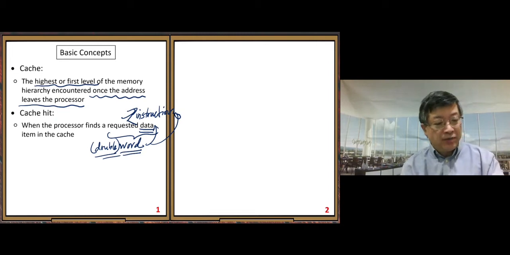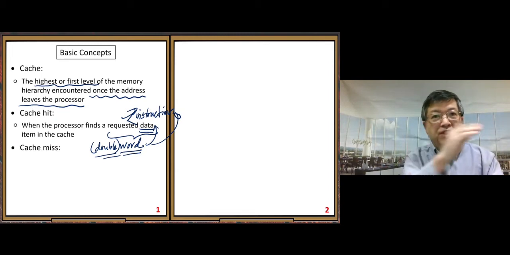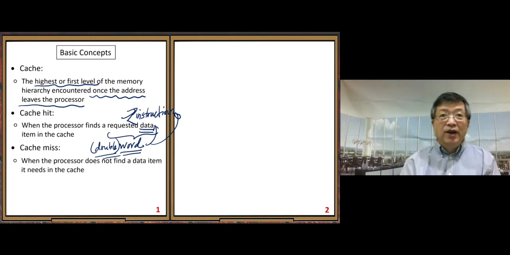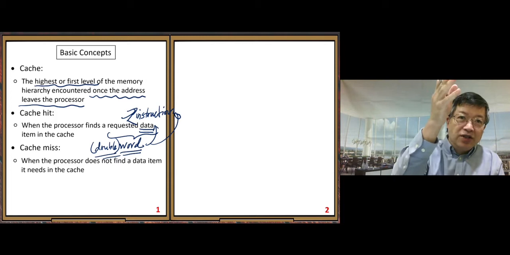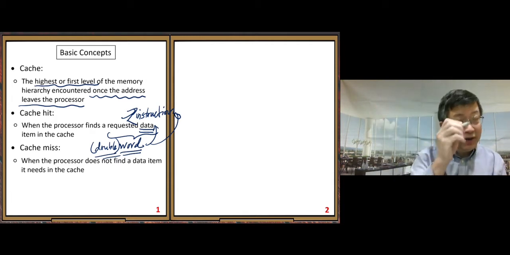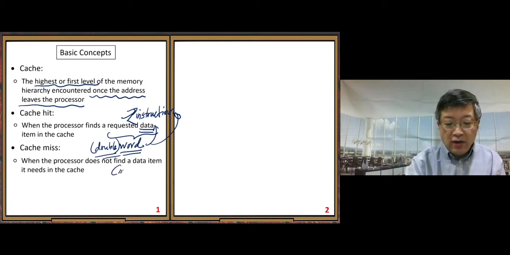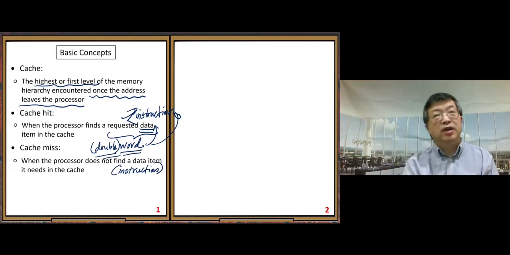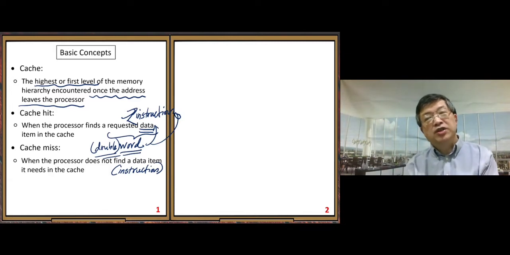The next concept, cache miss. When the processor does not find a data item in the cache. Same as the previous one, there is another situation, instruction. It's possible the processor needs to load an instruction, which is a little different from data.